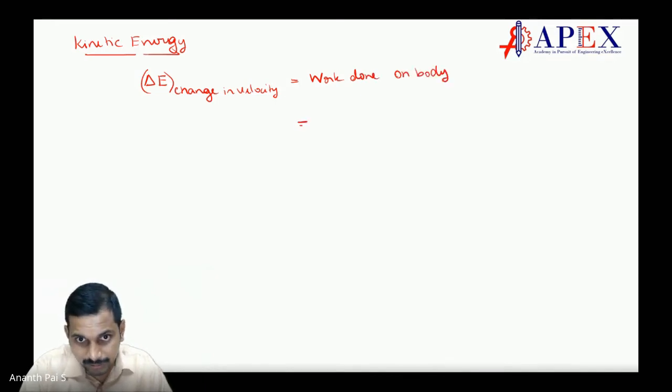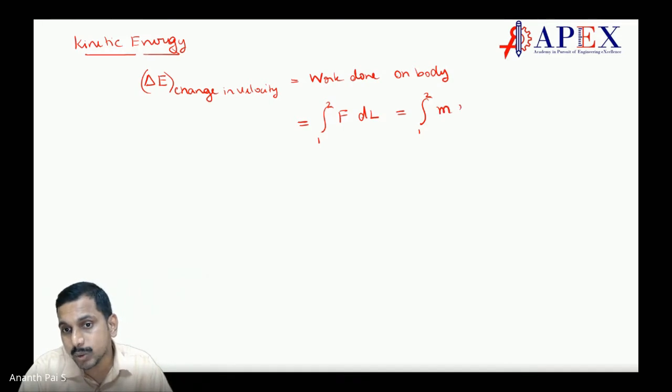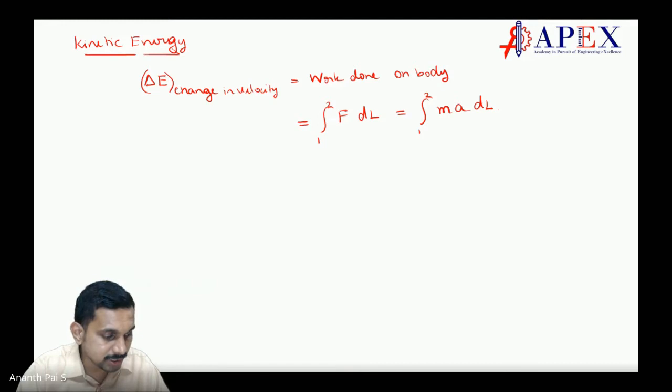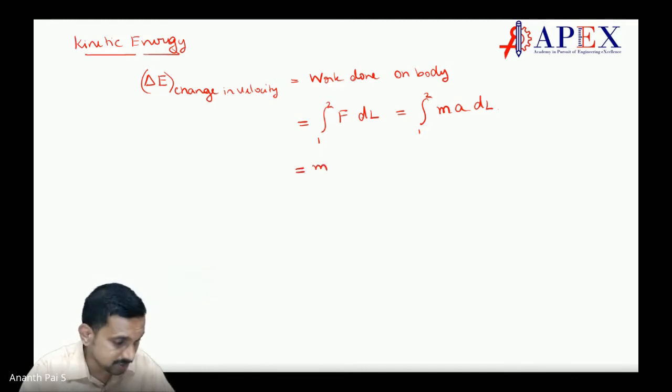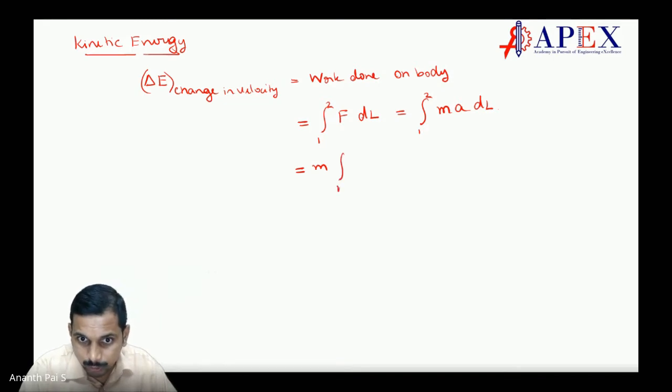What is that? That can be written as the integration from 1 to 2 of force F into dl, or the integration from 1 to 2 of mass into acceleration into dl. Now we can take mass outside, assuming mass remains the same, into the integration from 1 to 2 of dv by dt into dl.